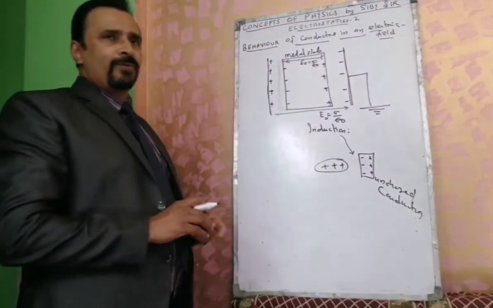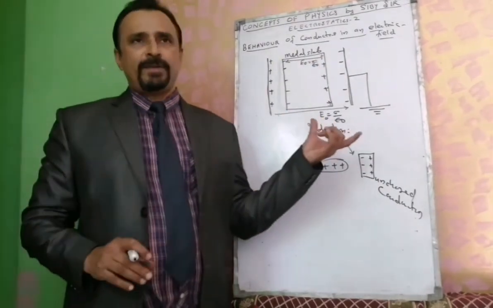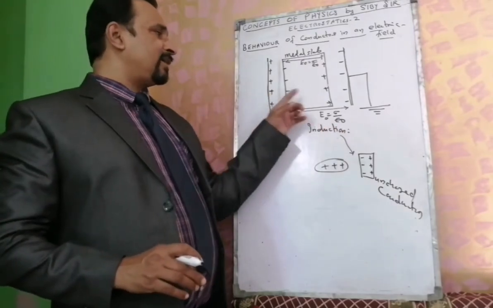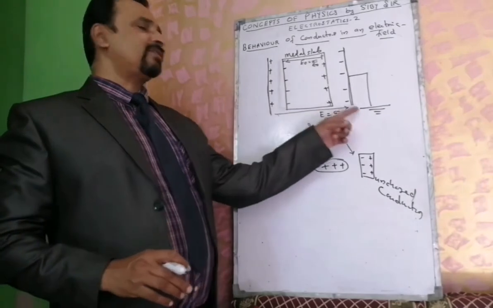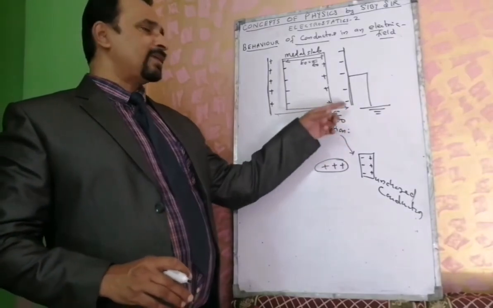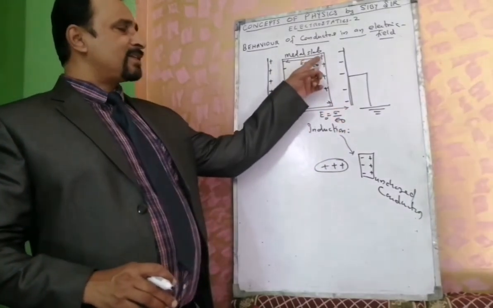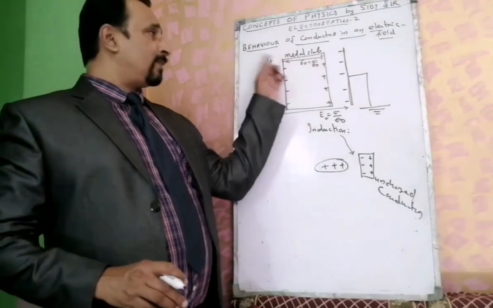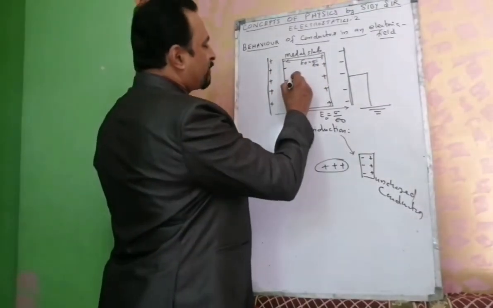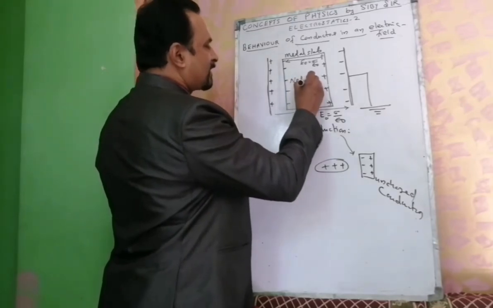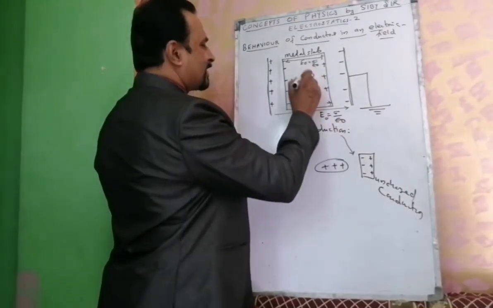So what can you see now? Two phenomena are happening. Number one, there is charging by induction, and due to that induction you can see two electric fields. One electric field E naught towards the right side, another electric field equal in magnitude but opposite in direction, towards the left side. Now how much is the resultant electric field inside the conductor?